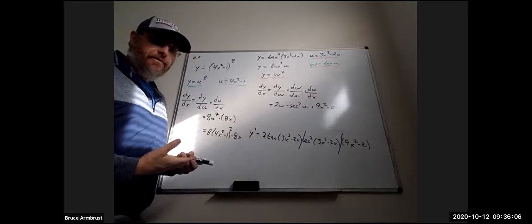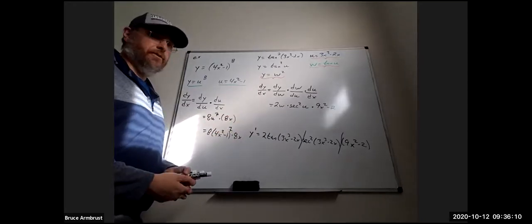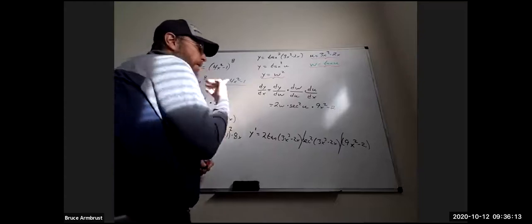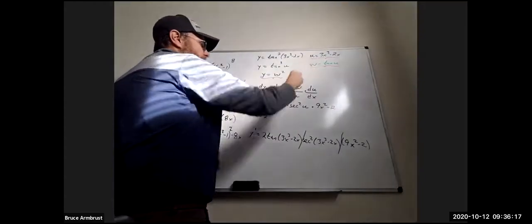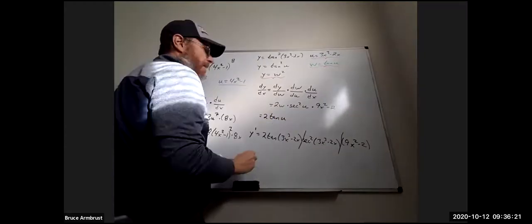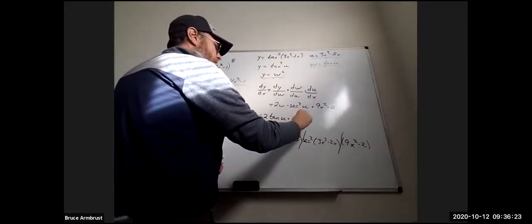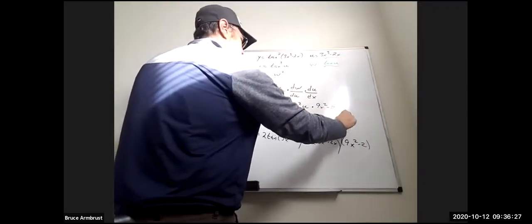And now all that's left is to plug back in all those places where I put in the variables. Okay, well, I have 2w. W was the tangent of u, so I'll go ahead and just write that as tangent of u for right now, times secant squared u times 9x squared minus 2.